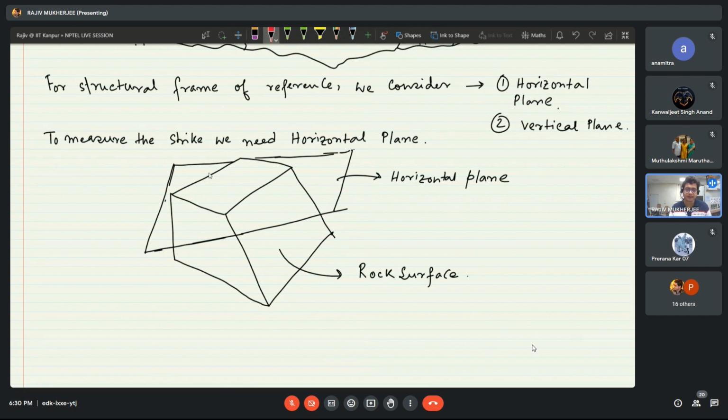Now the intersection line will obviously have a direction, it will go like this, right?